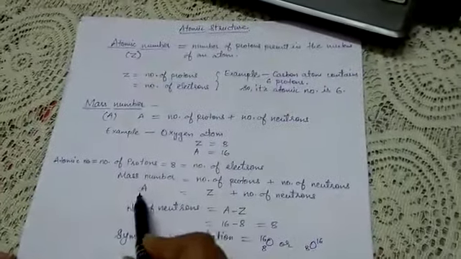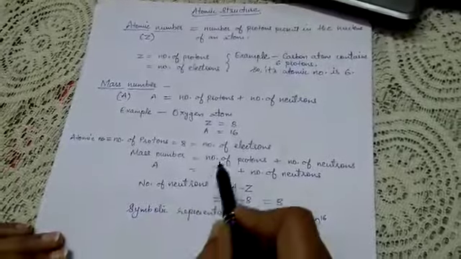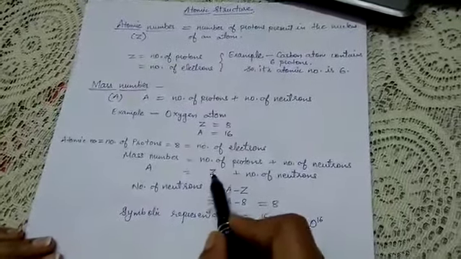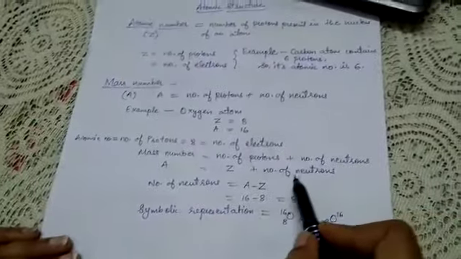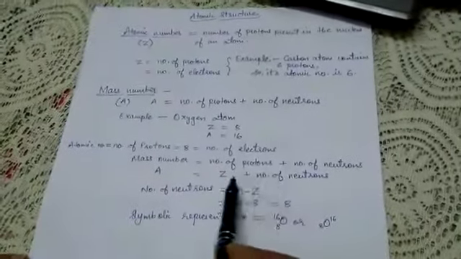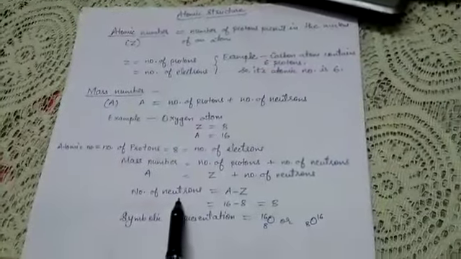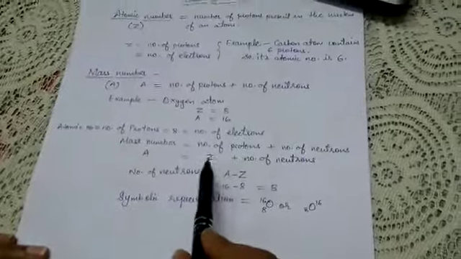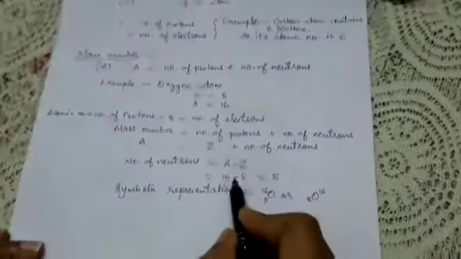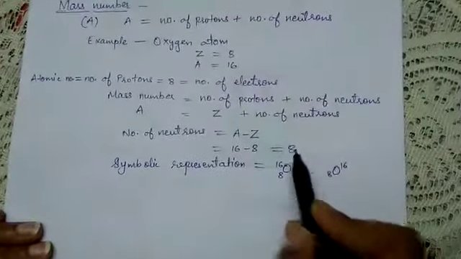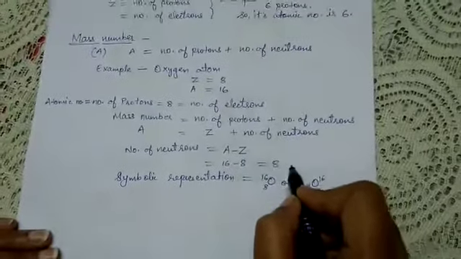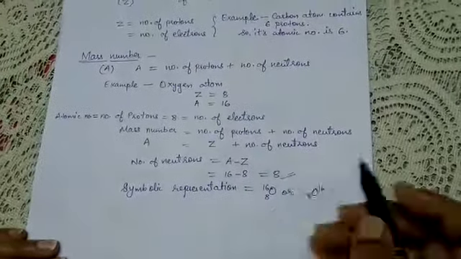Here you can write A in place of mass number and Z for number of protons, so the number of neutrons equals A minus Z. So 16 minus 8 equals 8. So 8 will be the number of neutrons.